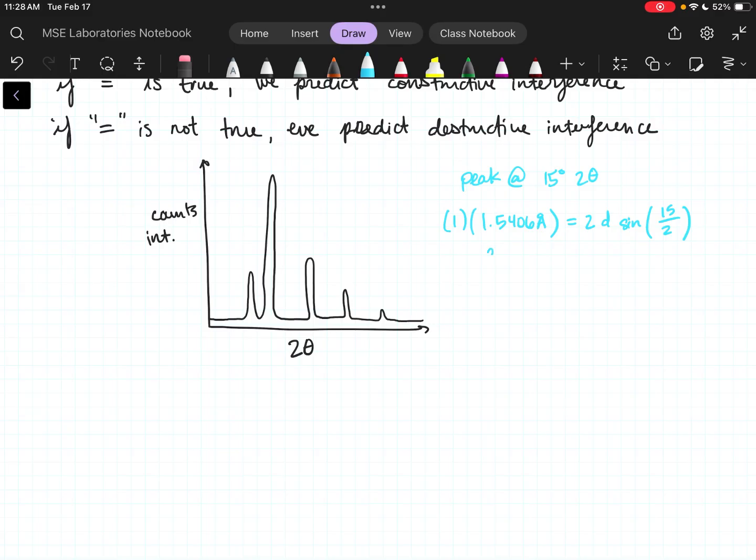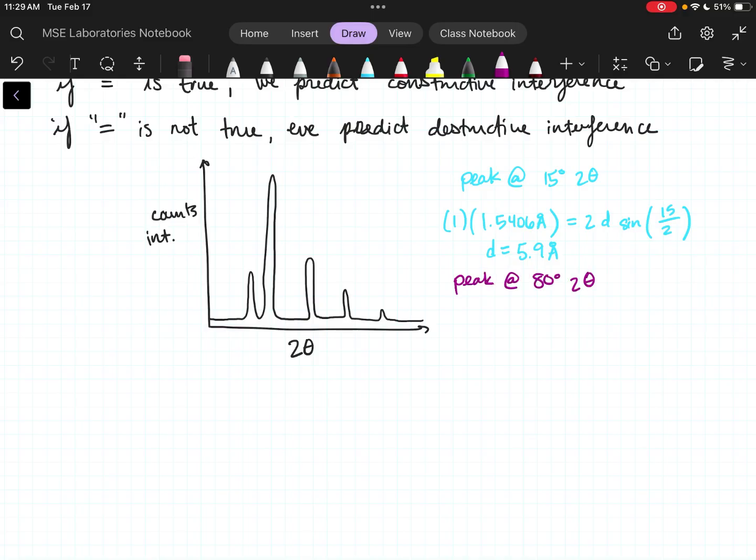N lambda equals 2 times D times sine of 2 theta over 2, 15 over 2, right? And I can solve all of that. In this case, D is 5.9 angstroms. So I have some spacing between two things that are 5.9 angstroms apart.